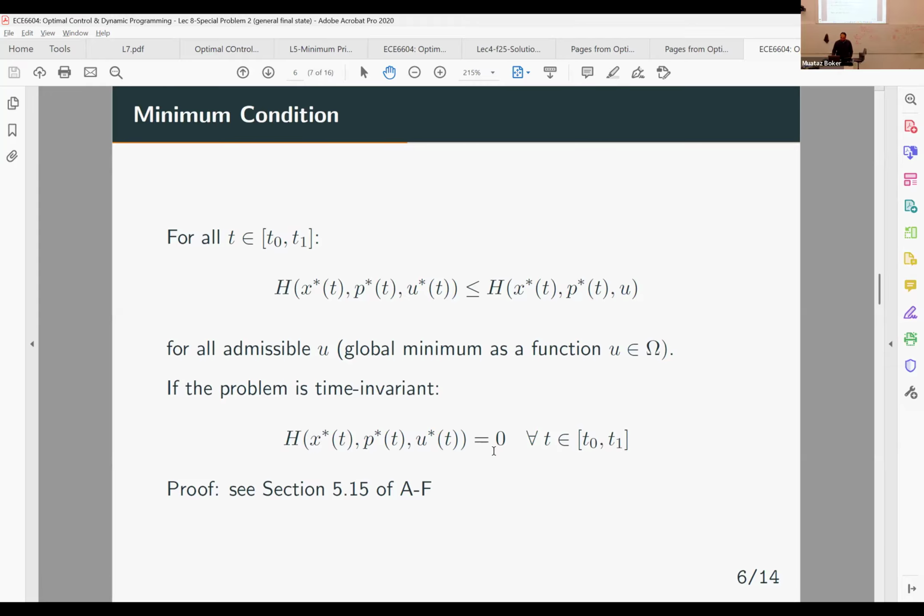The analysis of this is provided in section 5.15 of Athans and Falb.